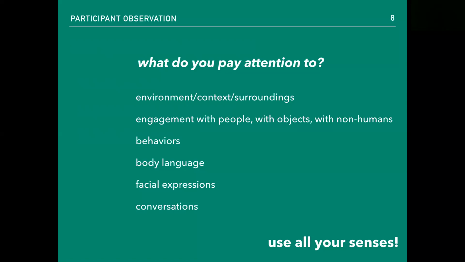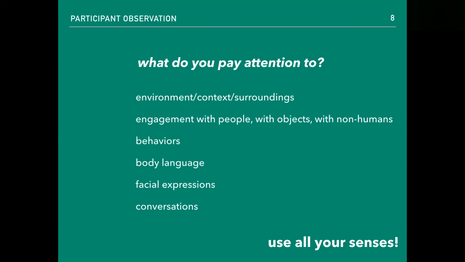Other things like behaviors. Are there certain social behaviors that occur in one group versus another group? And is that different? So this is kind of what I was talking about. You interact differently with your friends or your roommates than you would with your professor.